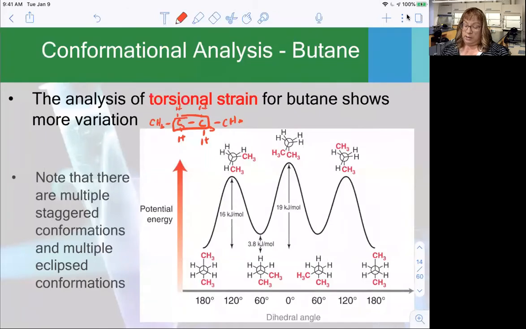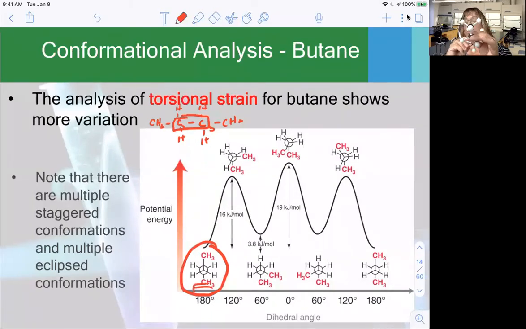When I do that, I'm making the staggered, so I'm looking at this guy here. I have a methyl group pointing up and 2 hydrogens to the side, and then a methyl group pointing down and 2 hydrogens to the side. So again, I'm looking at this staggered.